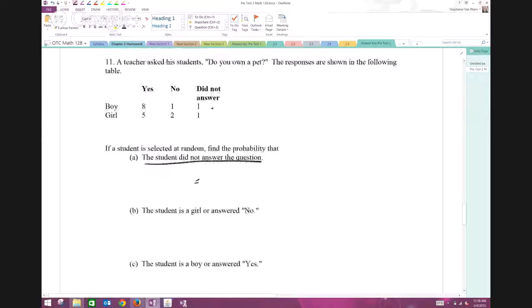We have 10 boys and 8 girls. So we have 18 total students. If I also look at the total here, I have 2 people didn't answer the question, 3 people said no, and 13 said yes.